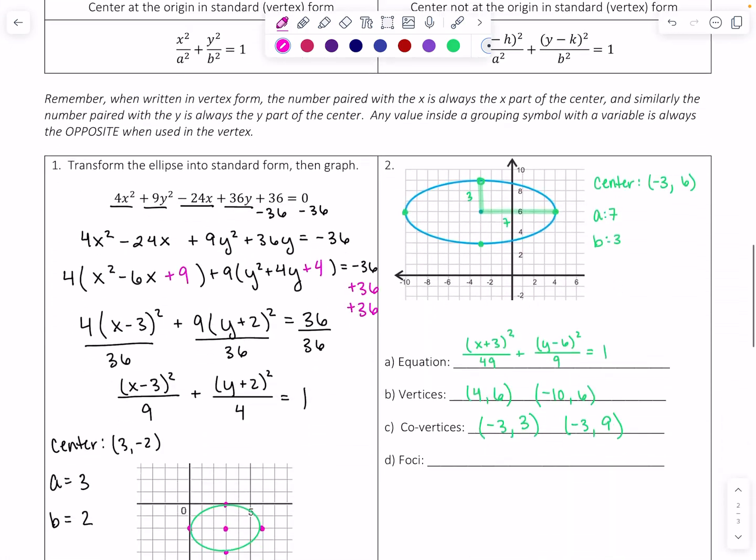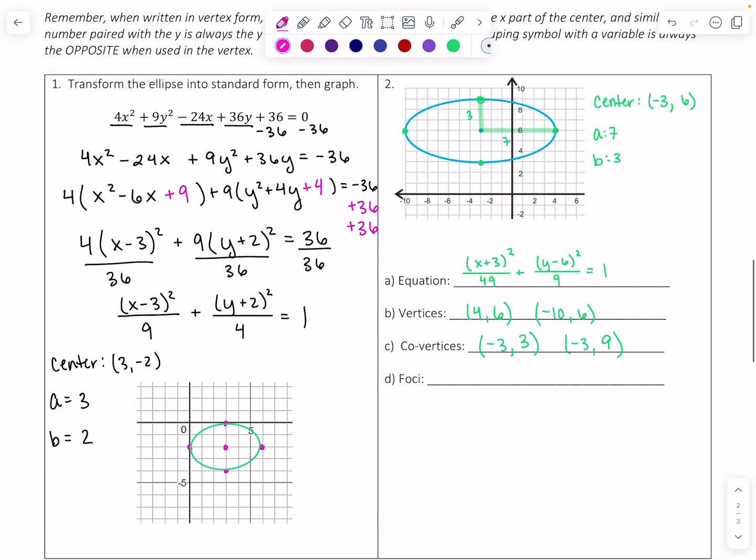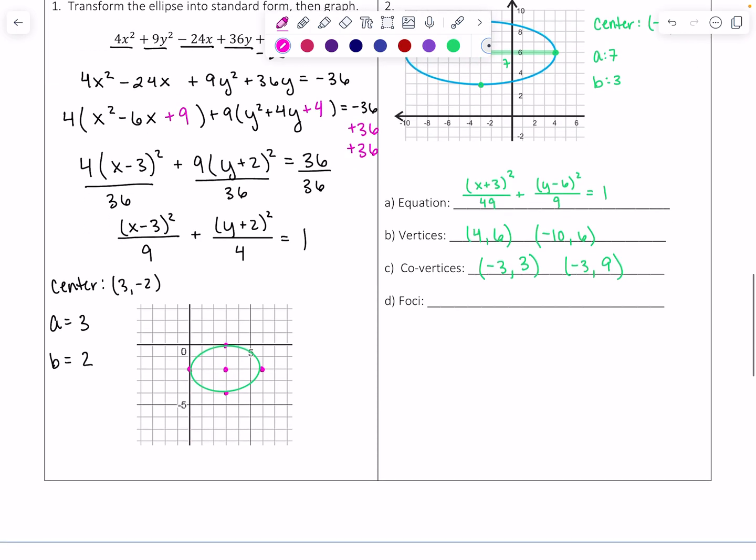So going back down here, in order to find our foci, we're actually going to go ahead and use, right? We know that wherever our foci is, if we have this triangle, this value is 3. And then we're looking at, hey, where's this foci that we're going to find here? We also know that this value is 7. That hypotenuse value is 7.